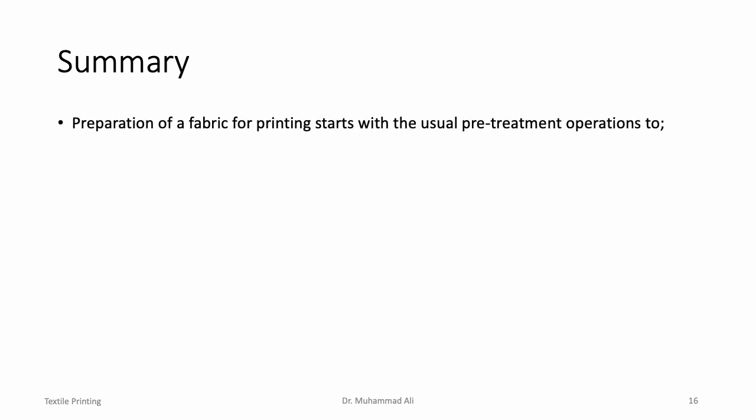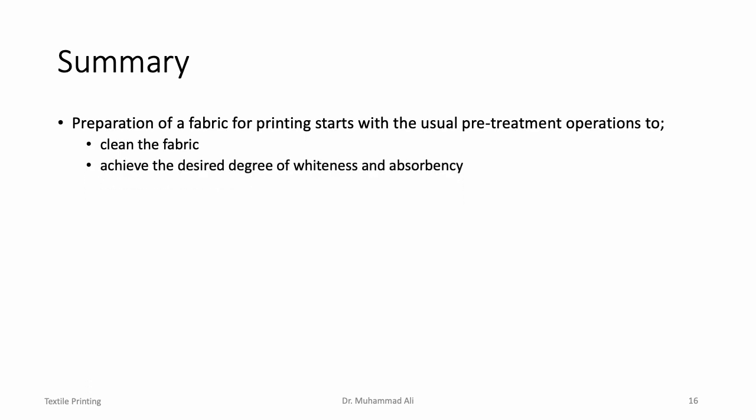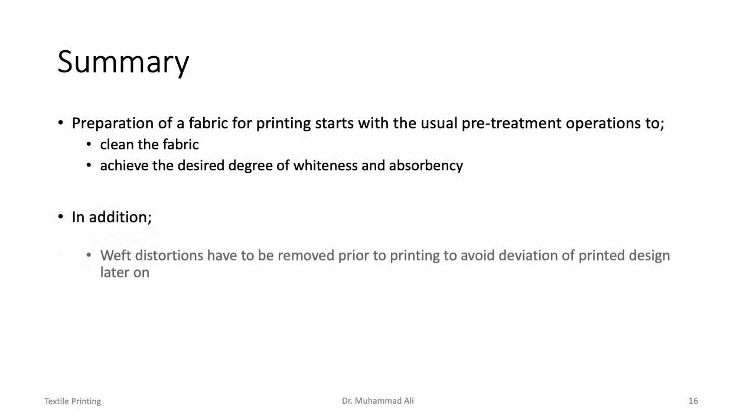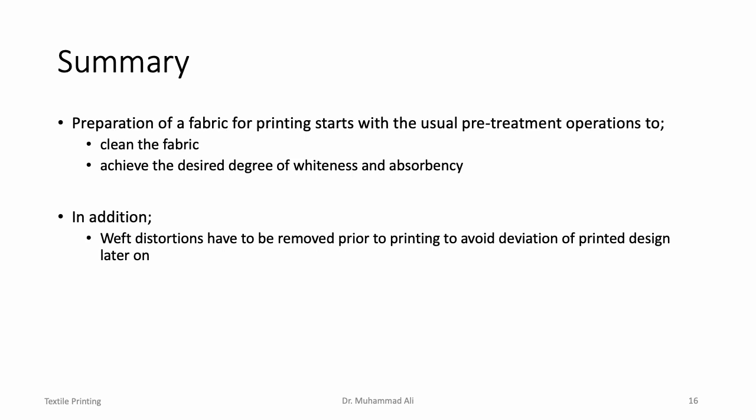Let's summarize what we have discussed in this lecture today. Preparation of a fabric for printing starts with the usual pre-treatment operations, which are designed to clean the fabric and to achieve the desired degree of whiteness and absorbency. In addition, in case of printing, we are very seriously concerned about web distortions, and we try to ensure that web distortions are removed prior to printing.